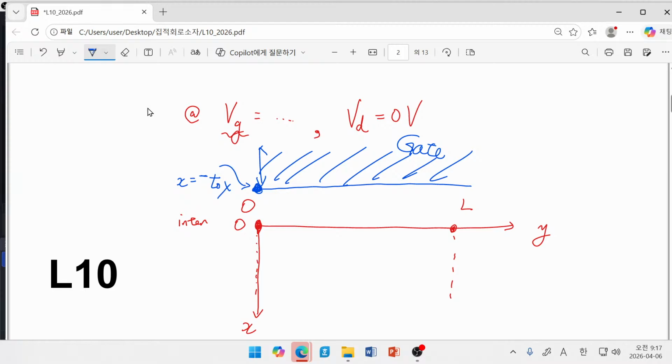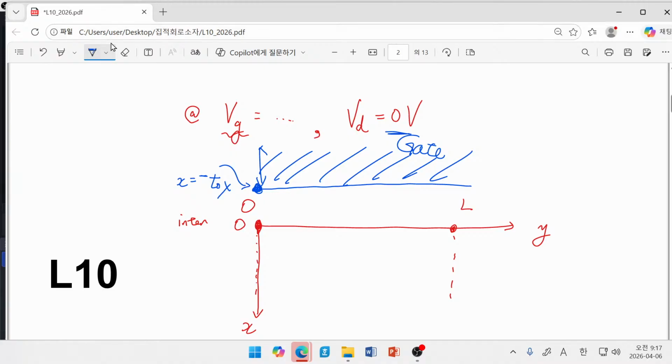So now, a certain gate voltage is applied, and also a drain voltage of exactly 0 is applied. Then what will happen?